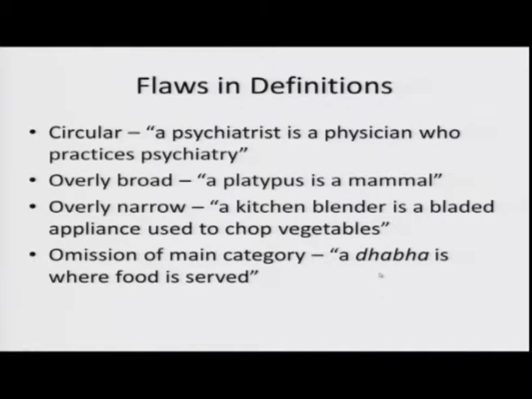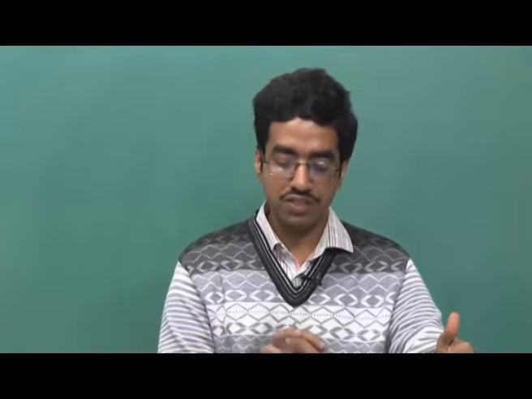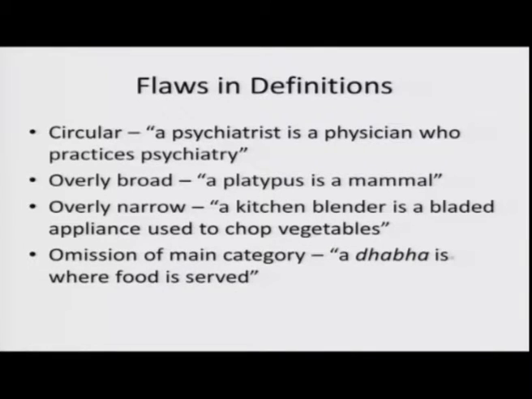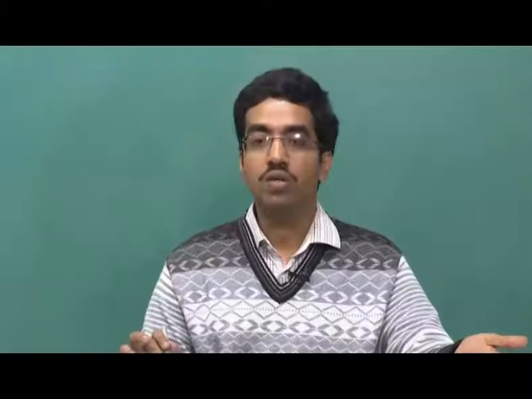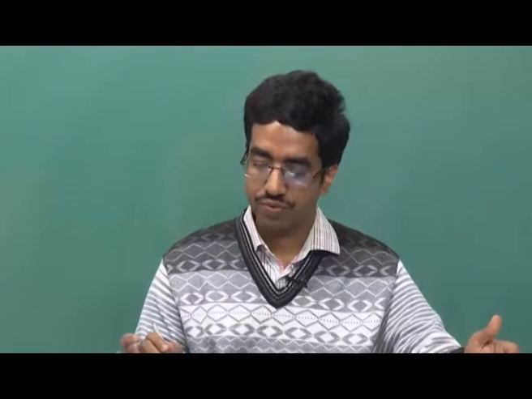Say you do not know the meaning of dhaba, and you are explaining it to your friend. Then you say a dhaba is where food is served. So, what is it? Is it a kind of eatery, or is it a piece of furniture, because food is served on a table also, right? So, the broad category here is missing.